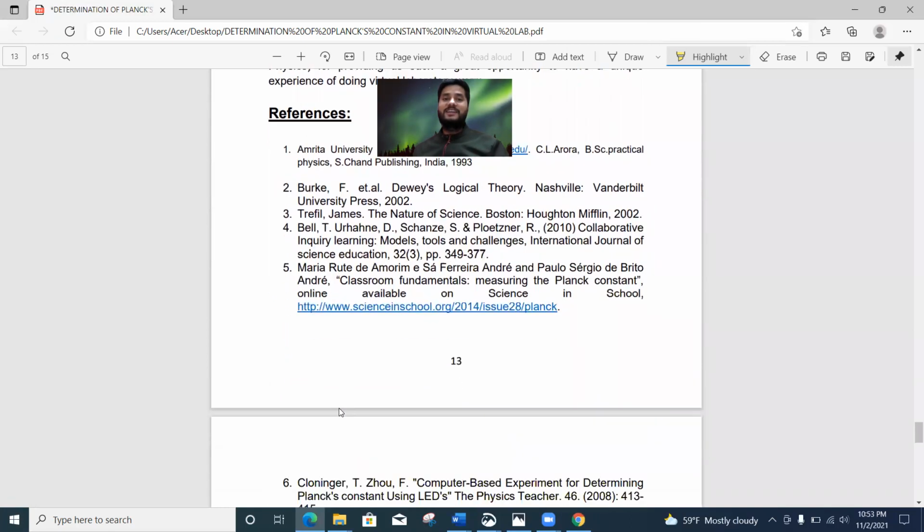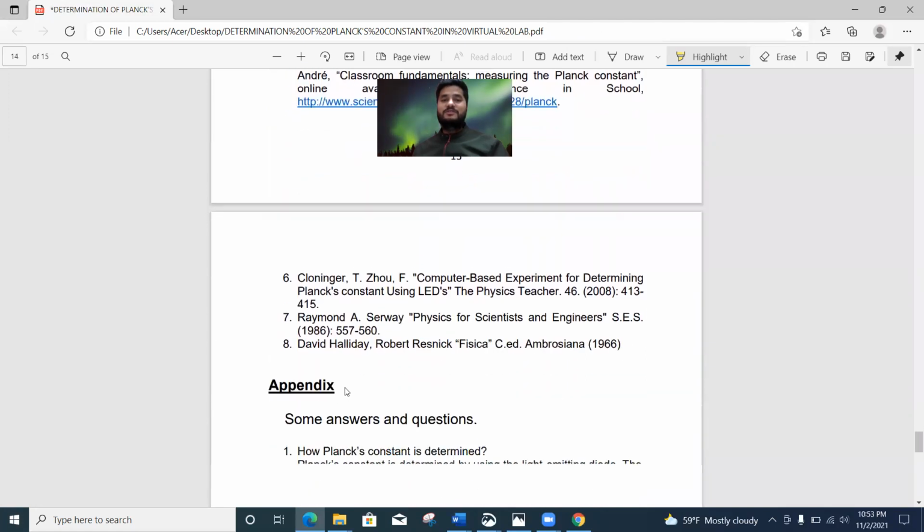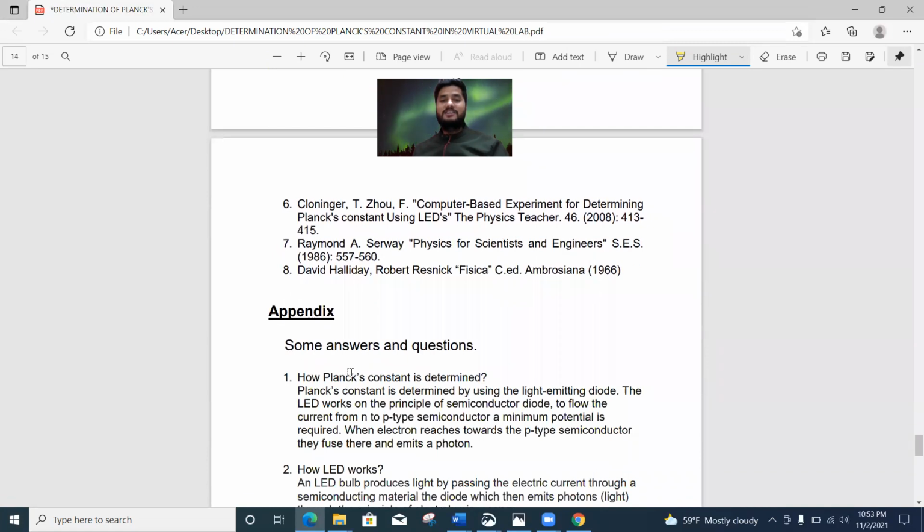Nowadays I am really excited, because I did not know about virtual labs, how to conduct one, and how I can do research or practicals in a virtual lab.